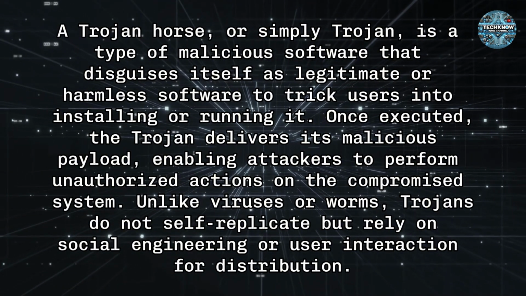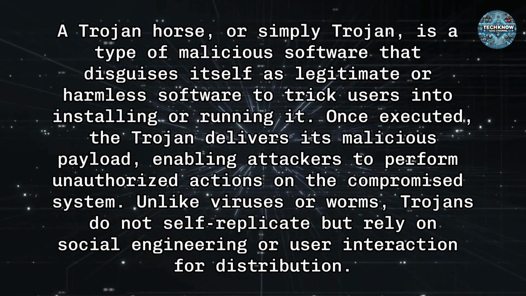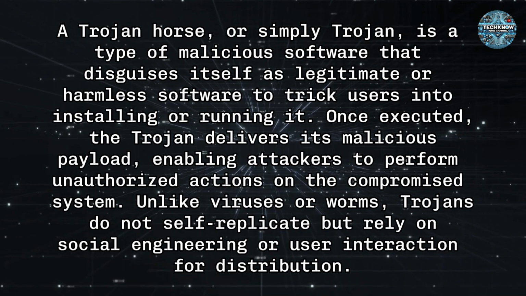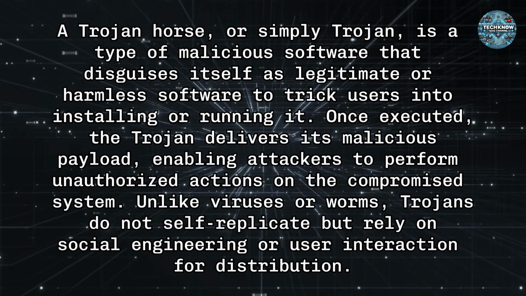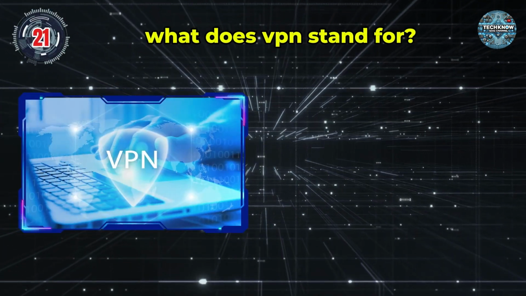Once executed, the Trojan delivers its malicious payload, enabling attackers to perform unauthorized actions on the compromised system. Unlike viruses or worms, Trojans do not self-replicate, but rely on social engineering or user interaction for distribution.